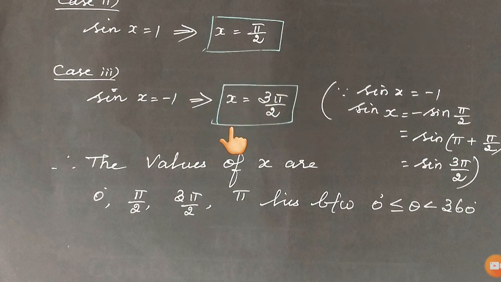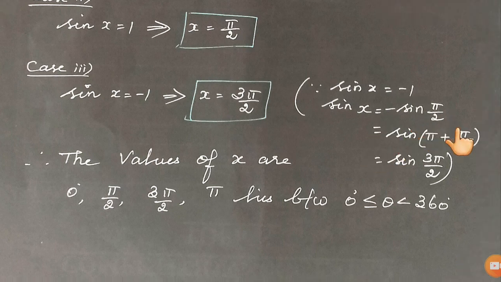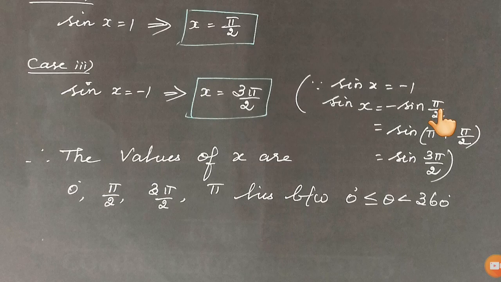Or if you think you don't want the graph, you can use the quadrant formula. sin x is equal to minus 1, that is, minus sin 90, whose value is 1. So write minus sin π by 2. In the third quadrant the value of sin is negative, so we can write it as sin of 180 plus theta, because you know sin of 180 plus theta is minus sin theta.